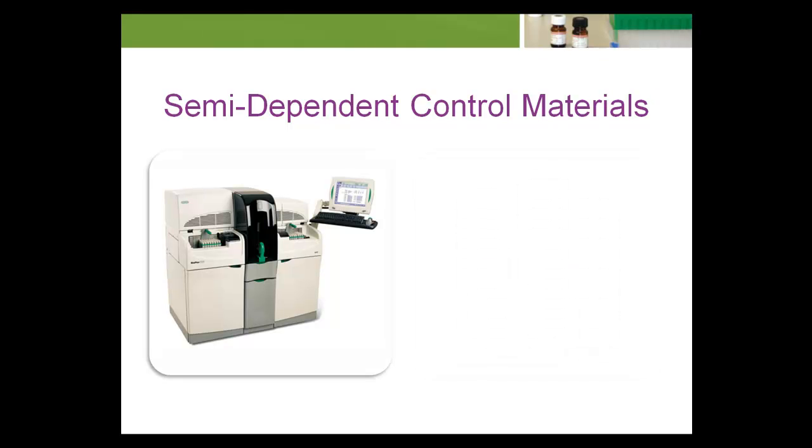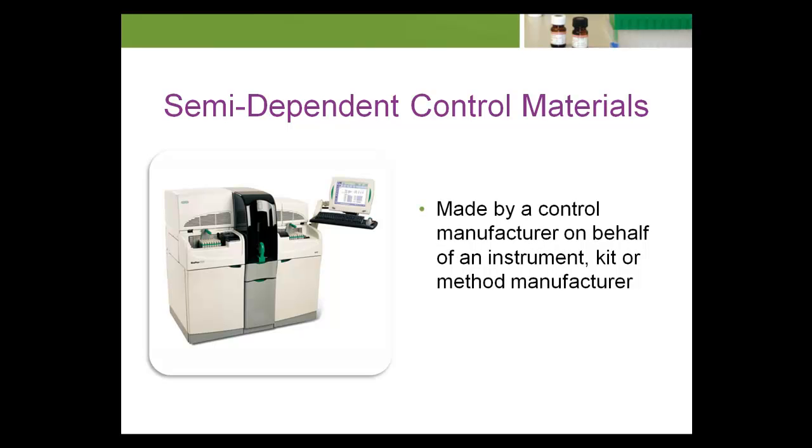Semi-dependent control materials are those materials that are made by a control manufacturer on behalf of an instrument, kit, or method manufacturer. The fundamental qualifying characteristic for semi-dependent control materials is the manufacturing relationship between the instrument manufacturer and the manufacturer of the control material.